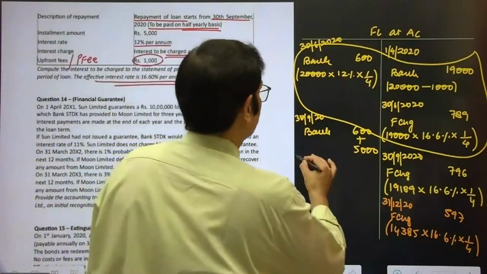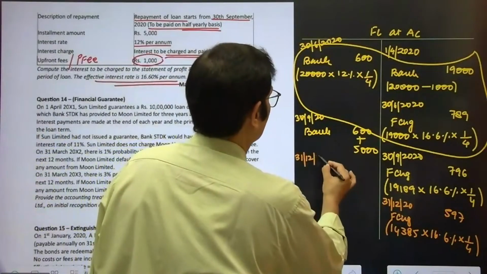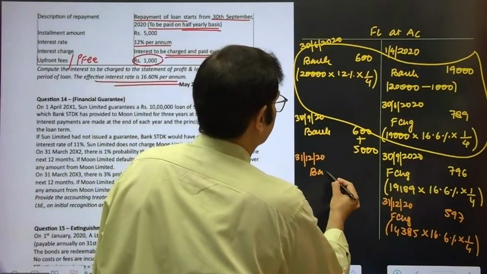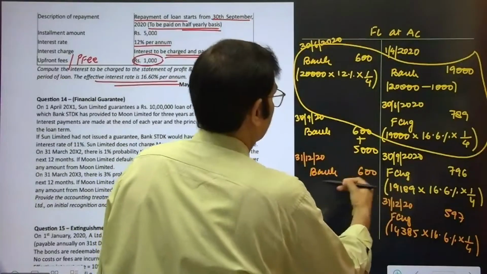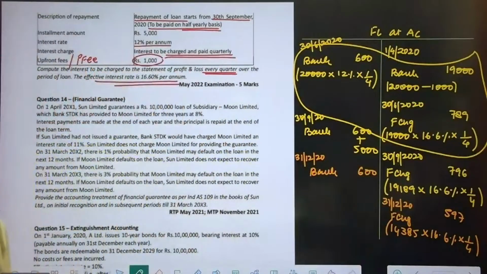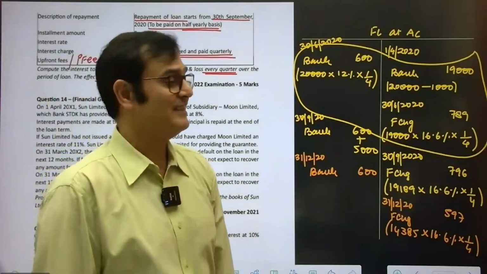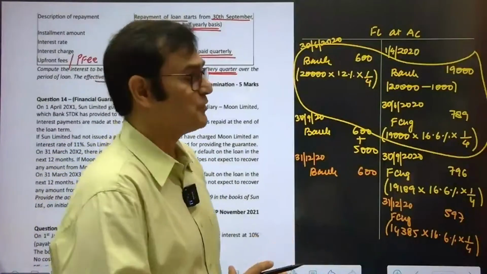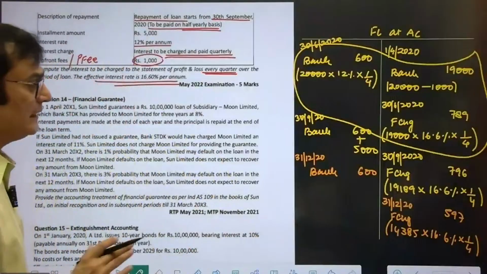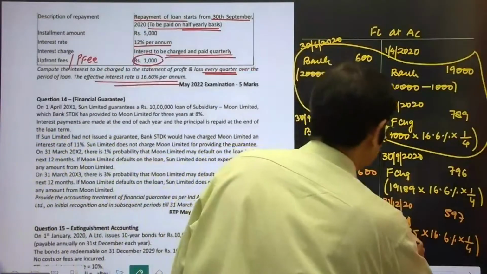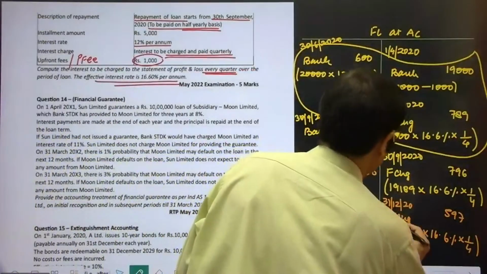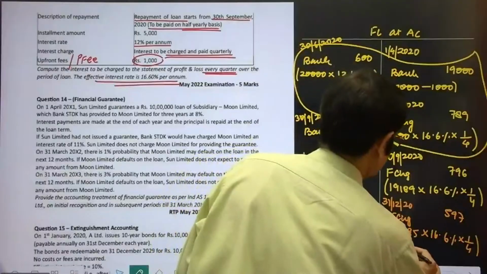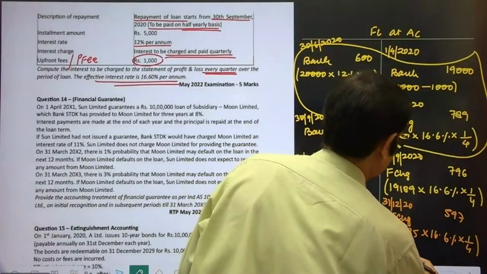What next? Can I say again a payment on 31st December 2020? 600 is the payment. Yes, sir. I'll just make 1 year ledger, though it's asking you to make the ledger account for every quarter over the entire period of the loan. So I think that's a little extra calculations for a P5 marker, I guess. Let's again consider the interest charge on 31st March now. 31st March 2021.